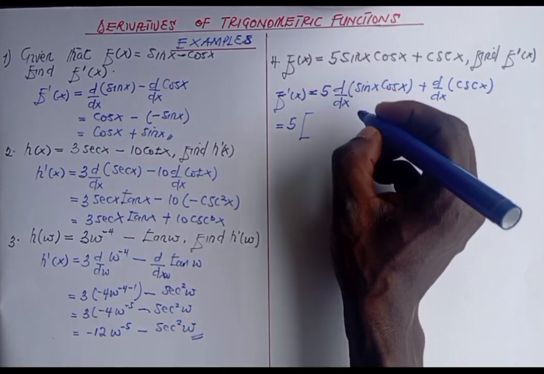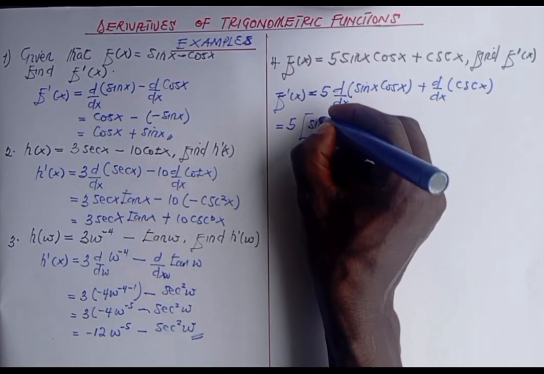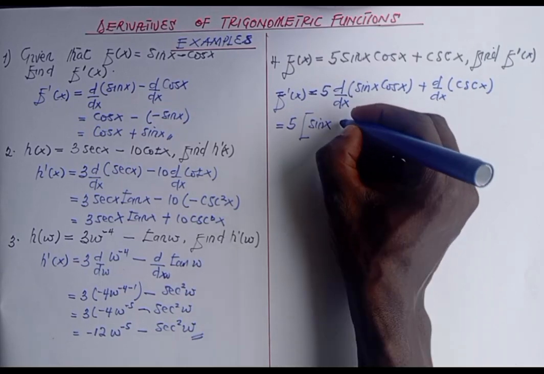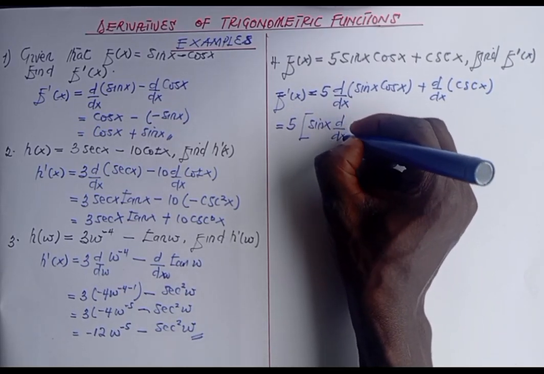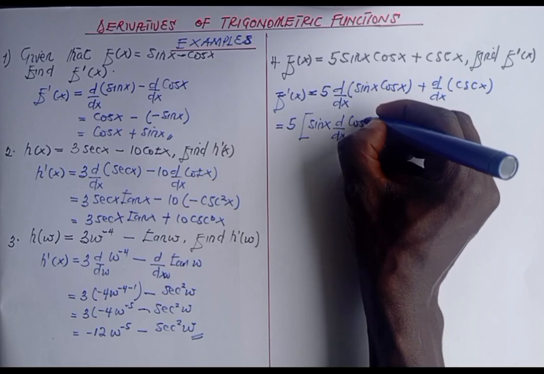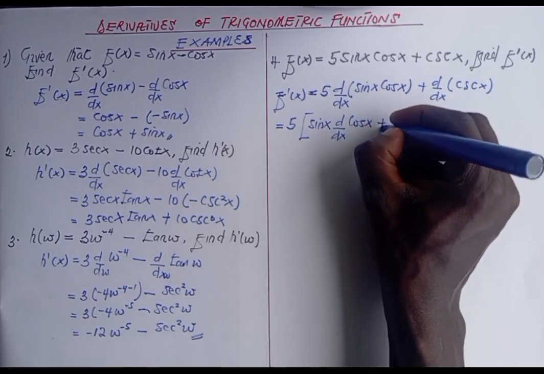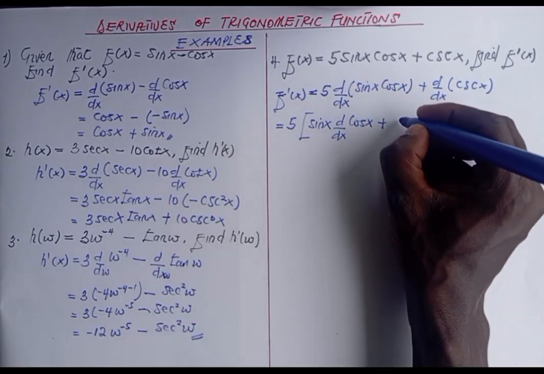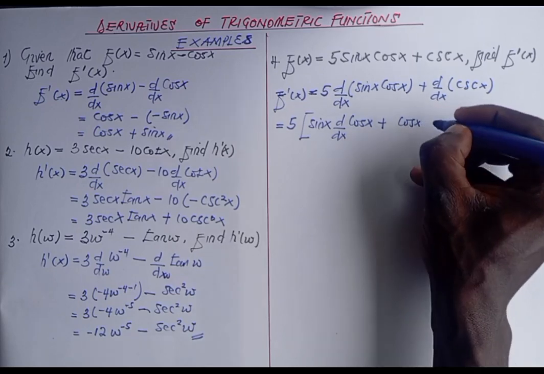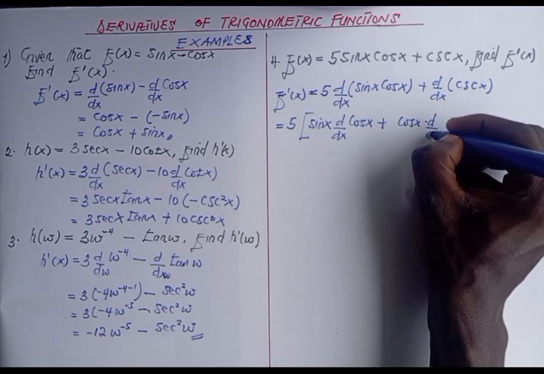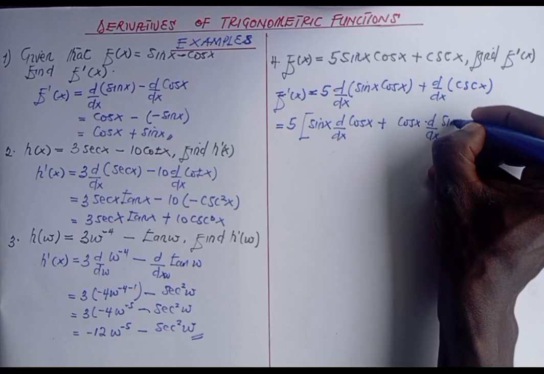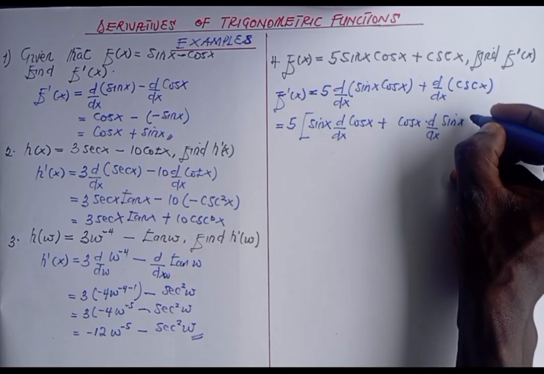Now we keep the first function, which is sine of the angle x, and then we differentiate the second function. Then plus we keep cos x, then we differentiate the first function, which is sine x.